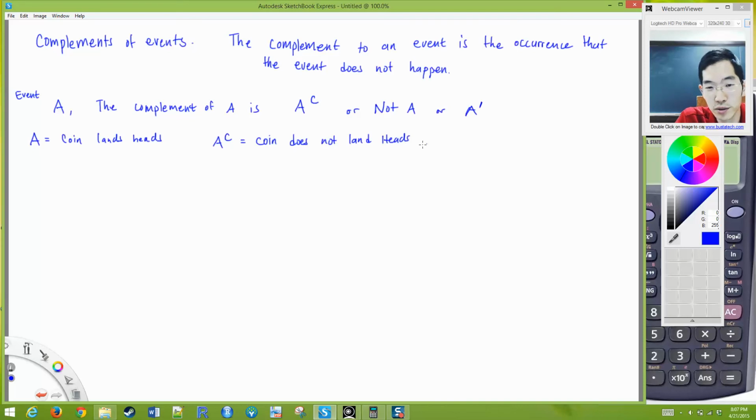Which would include every situation where the coin does not land heads. So it could land on its side, or get eaten by an eagle as midair explodes into a million pieces. Everything where the coin does not land heads is included in a complement.